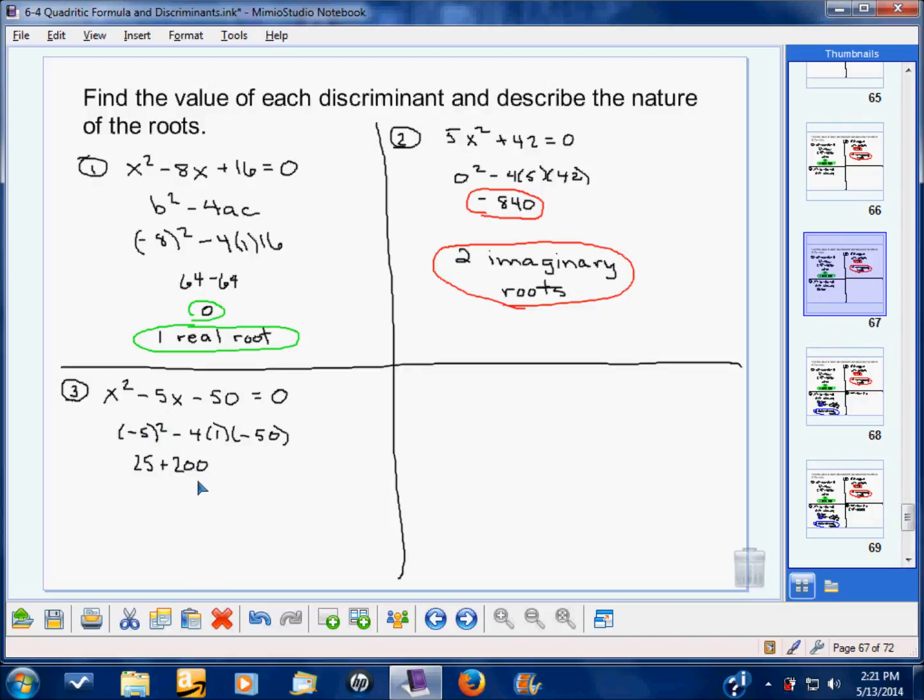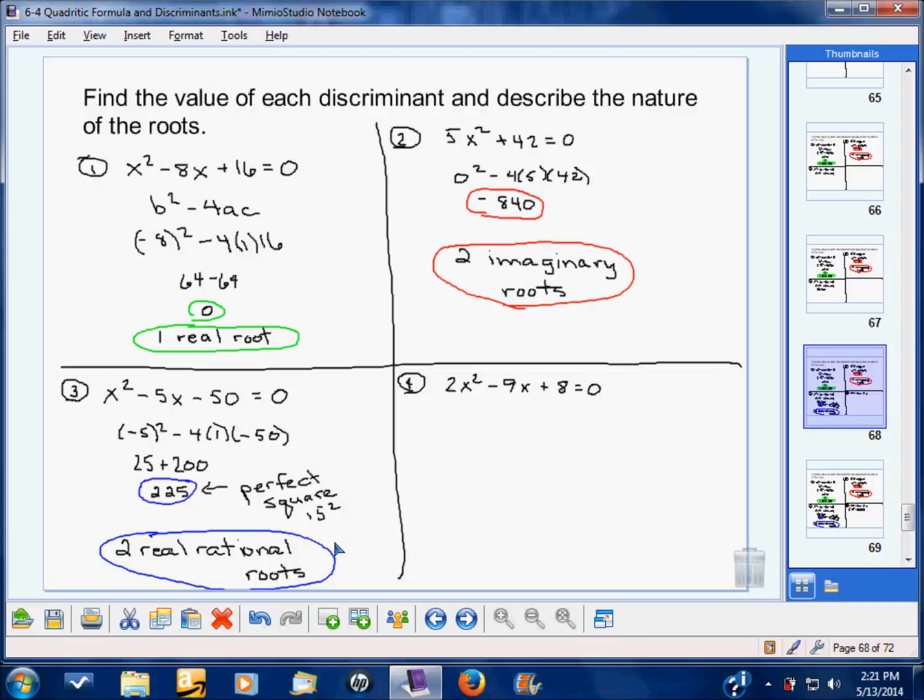Is it rational or irrational? Is 225 a perfect square? It is a perfect square. 15 squared is 225. How do you tell on your calculator if you're not sure? Square root. If the square root comes out even, it is. So 225 is actually 15 squared, which means there are 2 real rational roots, because it's positive and it's a perfect square.